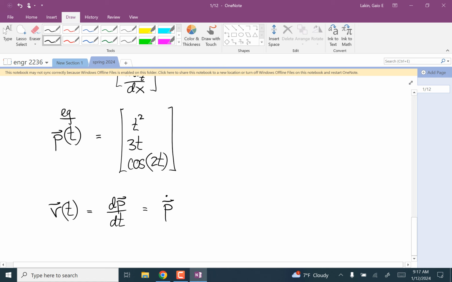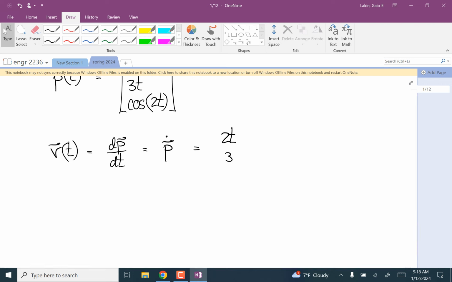Okay? So the velocity vector would be 2t for the x component, 3 for the y component, negative 2 sine of 2t for the z component. Any questions about that?